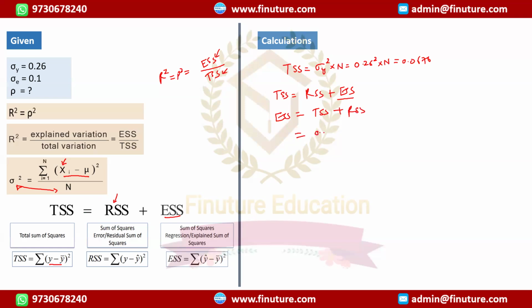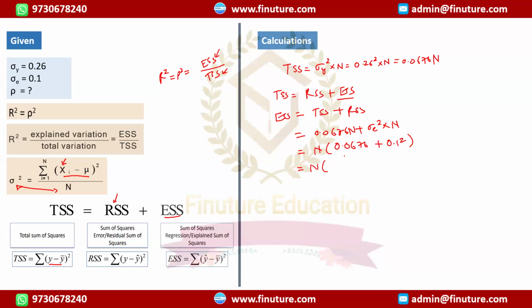TSS that we calculated was 0.0676, and in the same way RSS would be equal to sigma e square into n, so 0.01 square times n. Let's take n common: n into 0.0676, and 0.1 square is 0.01.